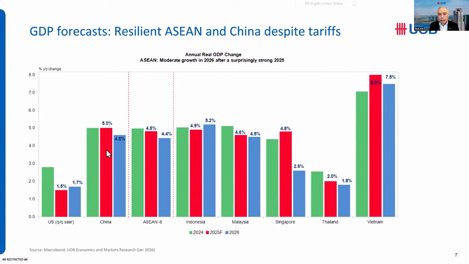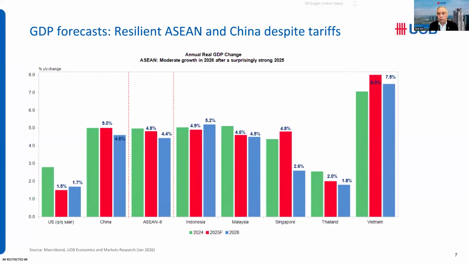Now for China, also a bit of a stepping down as well. Last year, 2025, I think China should be able to meet its 5% target. Later I'll explain a bit why that's the case. For this year, we are conservative, so we are stepping down a bit to 4.6% and see how things go.